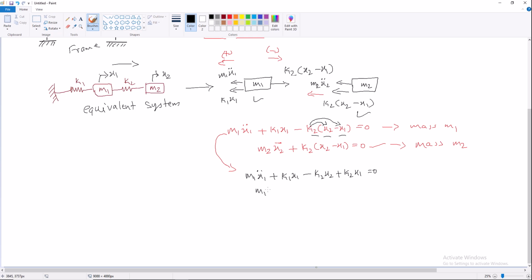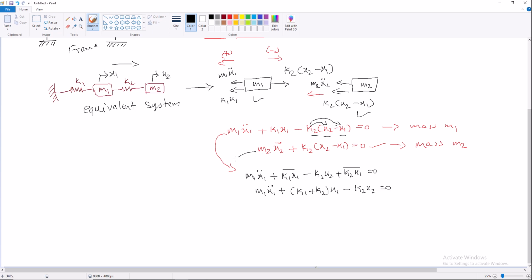So this would be m1 x1 double dot plus, in k1 x1 and k2 x1, x1 is common, so I can take (k1 plus k2) times x1, and the remaining is minus k2 x2.